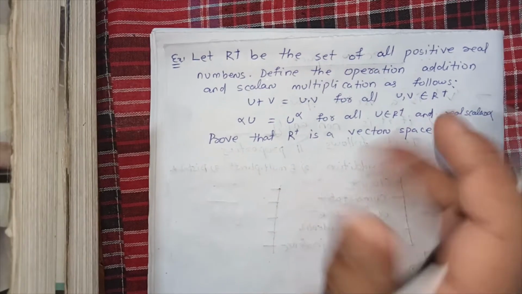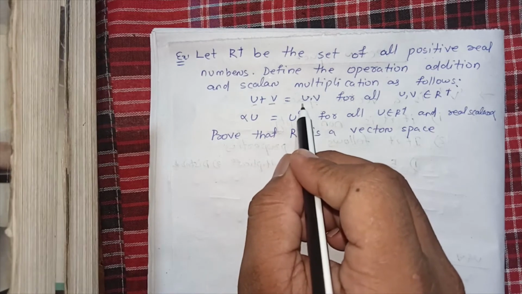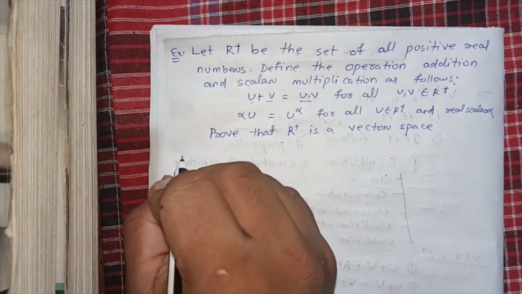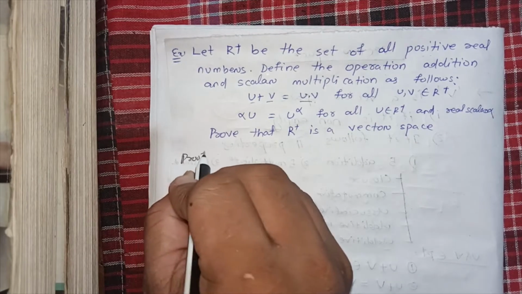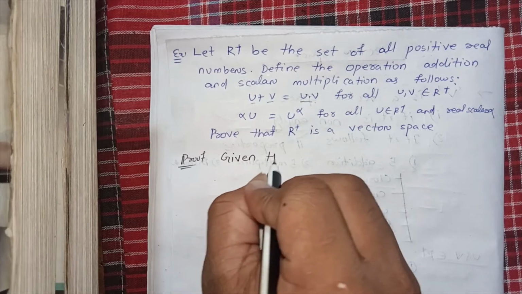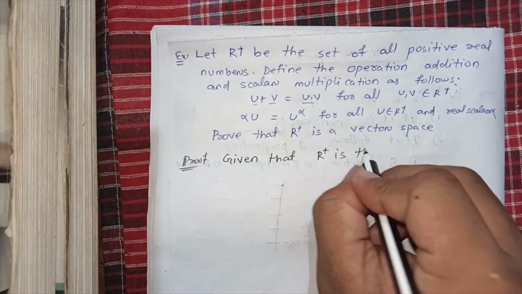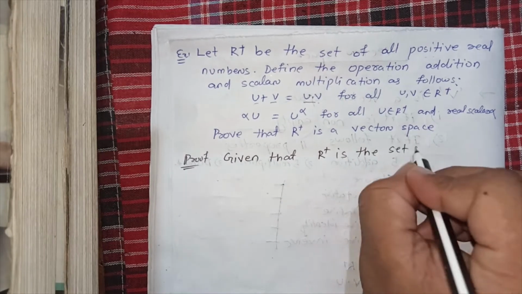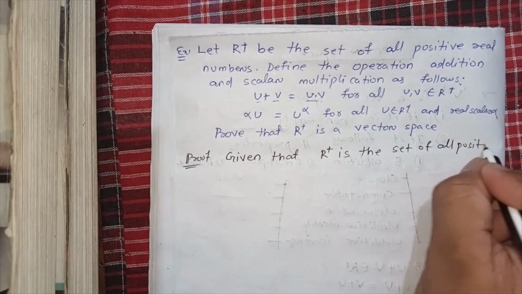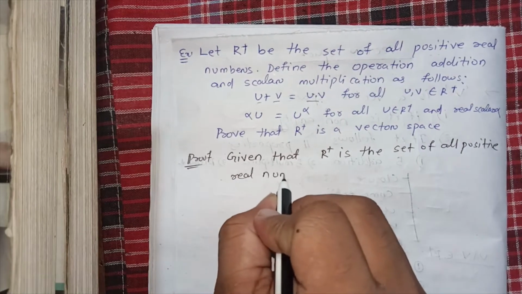So what is given here? It is defining that if you add u and v in the vector space, the result will be u into v. So first of all, to prove this, how will you do the proof? First, given that R plus, what is R plus? R plus is the set of all positive real numbers.